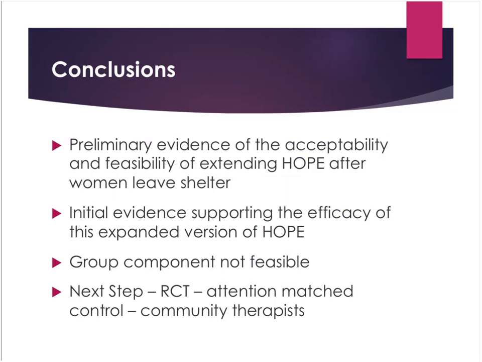The next step would be to do this on a larger scale, with a more robust, attention-matched control condition, to really understand if it's something specific to HOPE that makes it efficacious or if it's just good therapy.